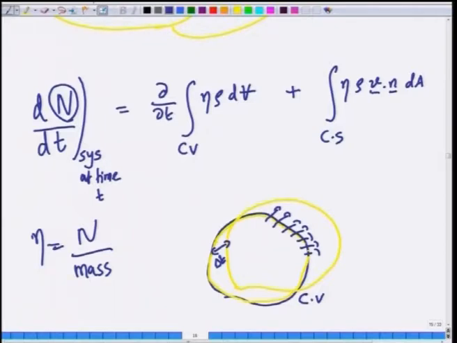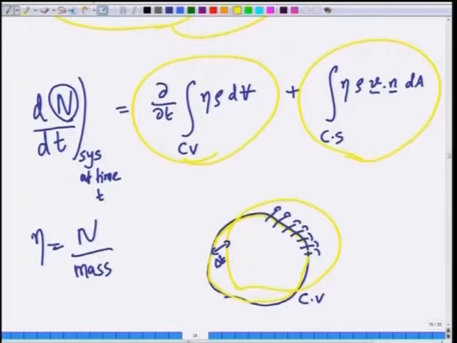And as you follow the system, how does the rate of change of any quantity, how does mass change as the system moves from one location to another, and how does that relate to quantities or variables pertaining to the CV? That has two contributions, the local rate of change of that quantity in the CV, plus the surface flux contribution, because fluid comes in and out of the control volume through the control surface.